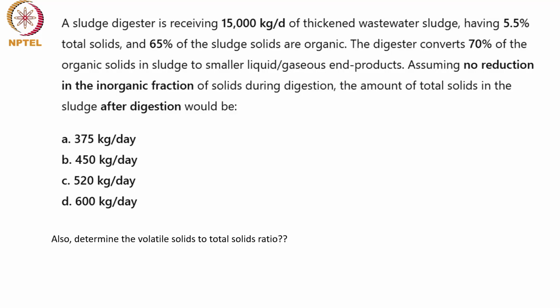Total solids after digestion, that is the thing we found out in the earlier subdivision, because that will be the amount of total solids in the sludge after digestion. So we can just write the exact value. It's nothing but 450 kg per day.